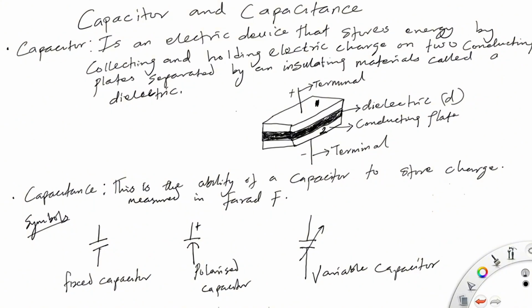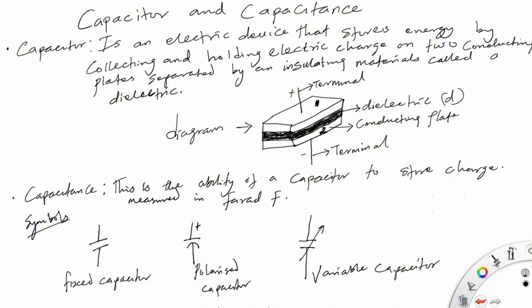From this diagram you can see that we have plate 1, the upper one, and plate 2, and in between plate 1 and plate 2 we have what is called the dielectric.